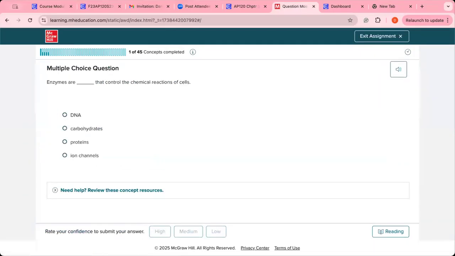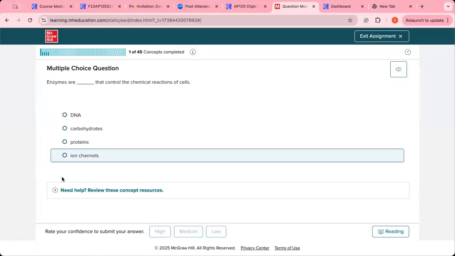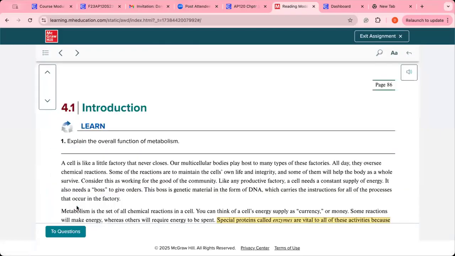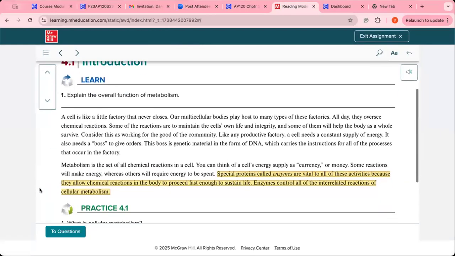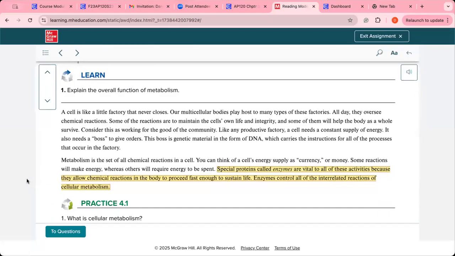Enzymes are blank that control the chemical reactions of cells. I think they're proteins. Let's review it, but I think they're proteins. Okay, so special proteins, yeah, they're proteins.